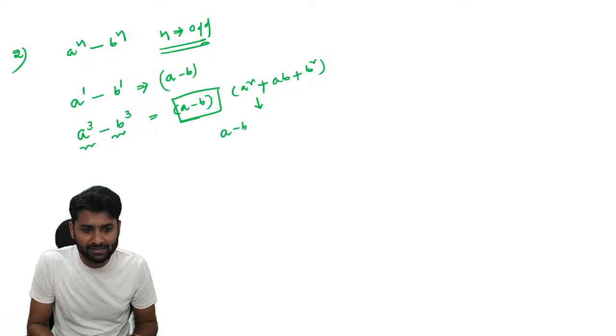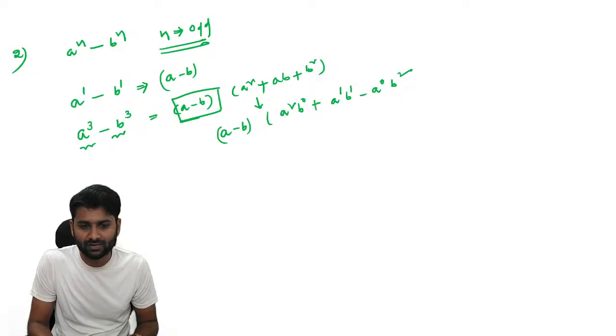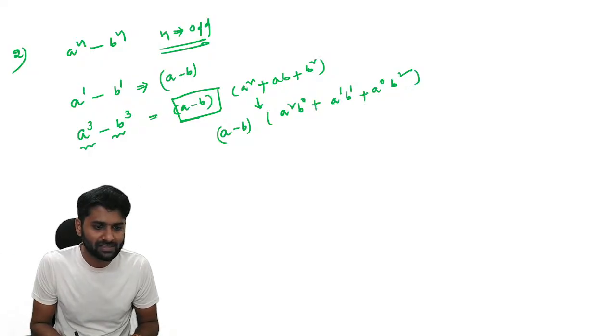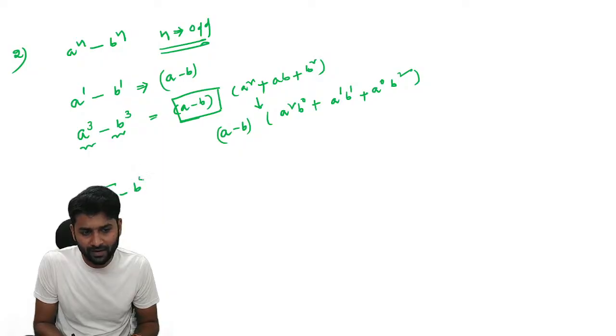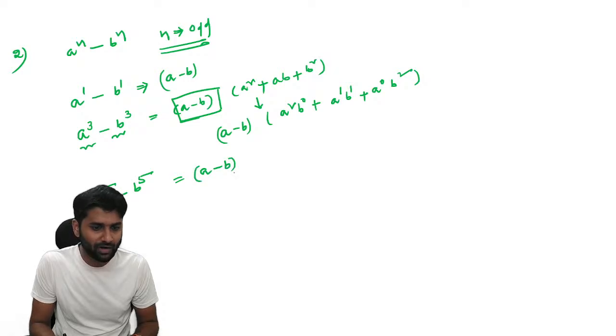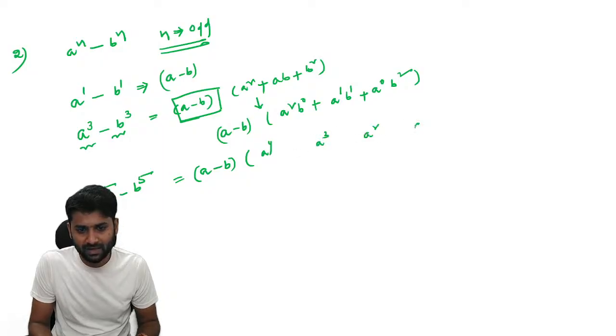So a minus b, first a square, a power 1, next a power 0. In the reverse, b square, b power 1, b power 0. It's all positive values. For example, what is the form of a power 5 minus b power 5? Understand that a minus b is common. Then we need a power 4, a cube, a square, a power 1, a power 0.